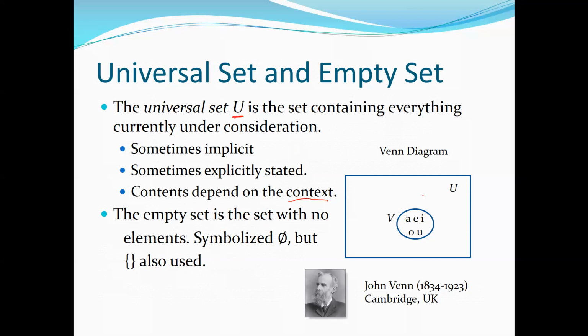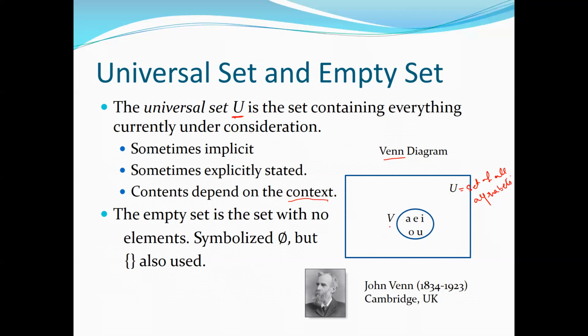Here we can also represent the set with the help of a Venn diagram. Venn diagram is the graphical representation of sets, given by John Venn, so this Venn diagram is named after him. Say for example, the universal set U is the set of all English alphabets, right?